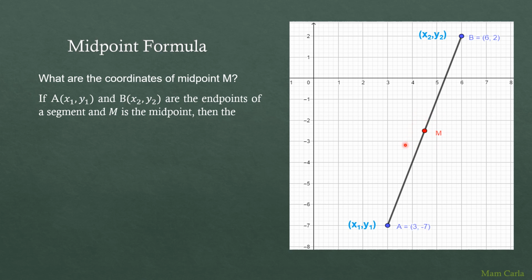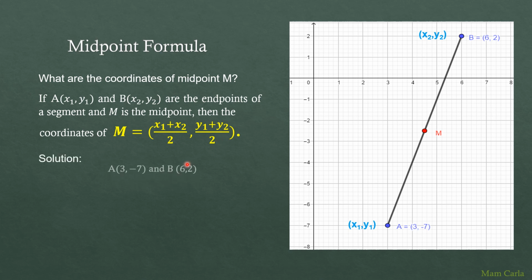We obtain the x coordinate of the midpoint by adding x sub 1 plus x sub 2 over 2, and for the y coordinate, we have y sub 1 plus y sub 2 over 2. So what would be the solution?